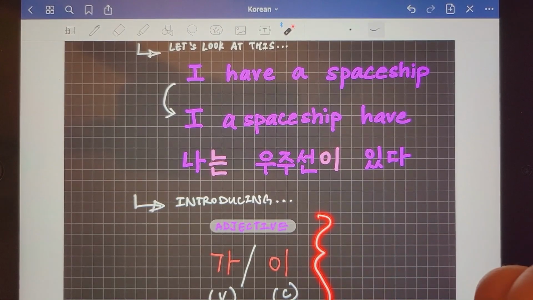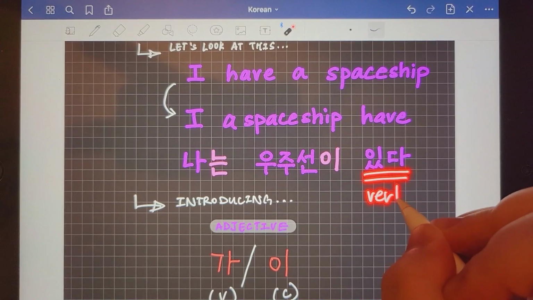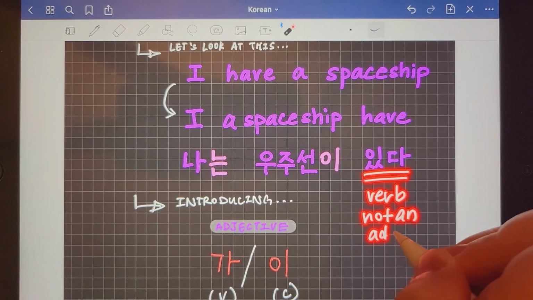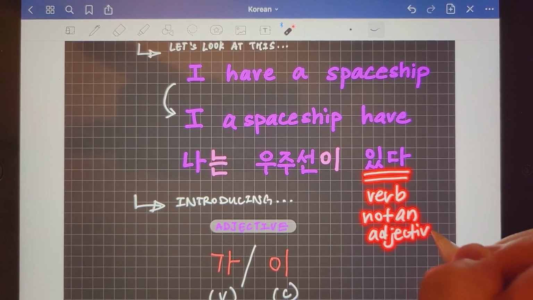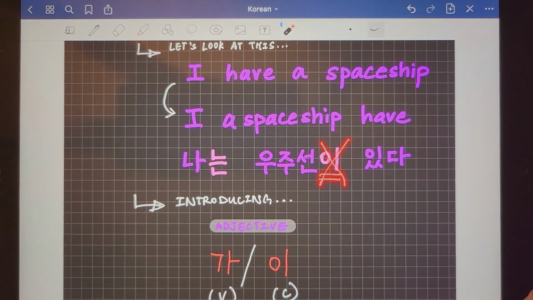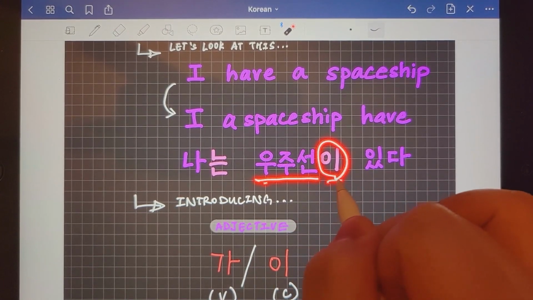To further solidify this concept, what if this word was a verb and not an adjective? Would we still use this particle of e? Answer is no. Think back to the word spaceship.